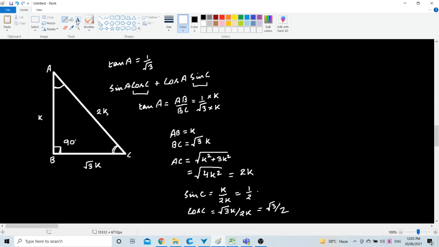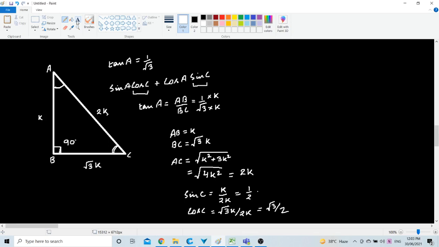Now sine A will be root 3 by 2, and cos A will be 1 by 2.